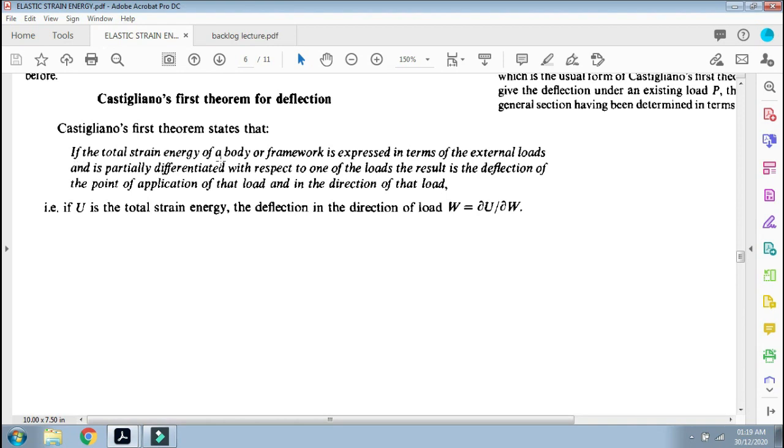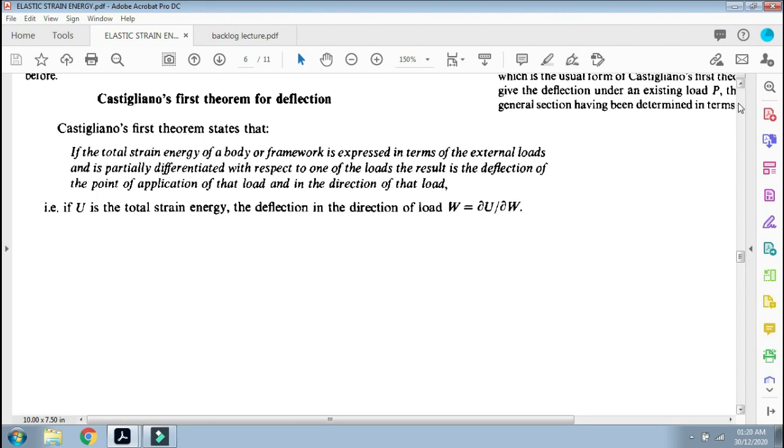Castigliano's first theorem states that if the total strain energy of a body or framework is expressed in terms of external loads and is partially differentiated with respect to one of the loads, the result is the deflection of the point of application of that load, in the direction of that load. So if U is the total strain energy, then the deflection in the direction of load W will be partial U over partial W.